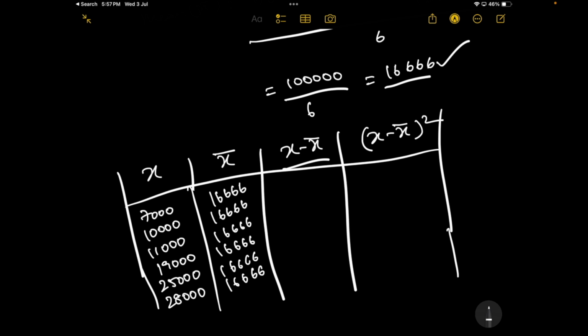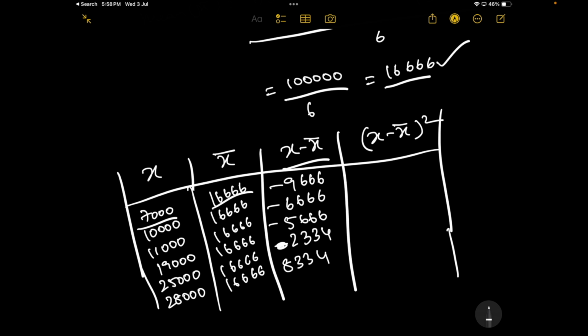Just subtract 16,666 from 7,000. How much would that be? Minus 9,666. Same thing for everything else: minus 6,666, then minus 5,666, then 2,334, and 8,334, and the last one is 11,334.